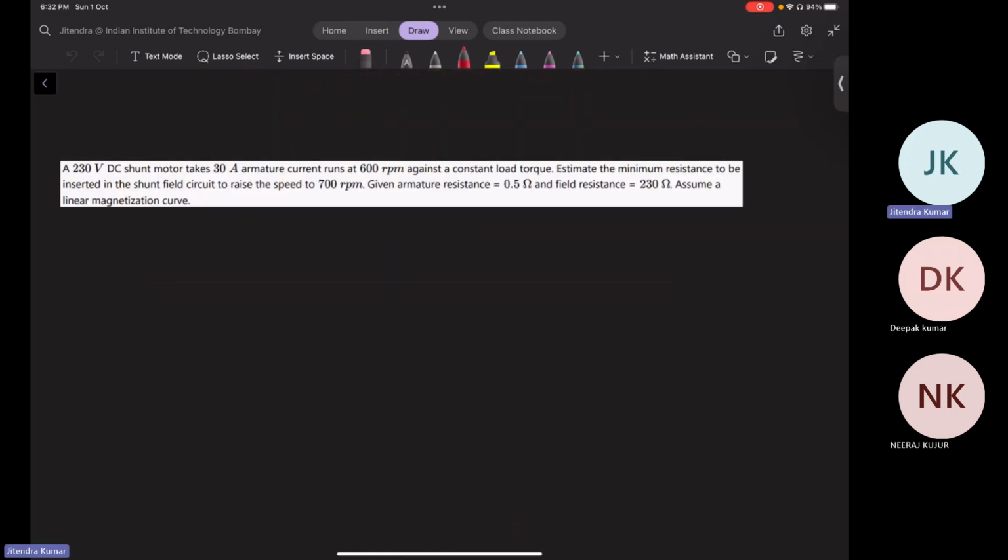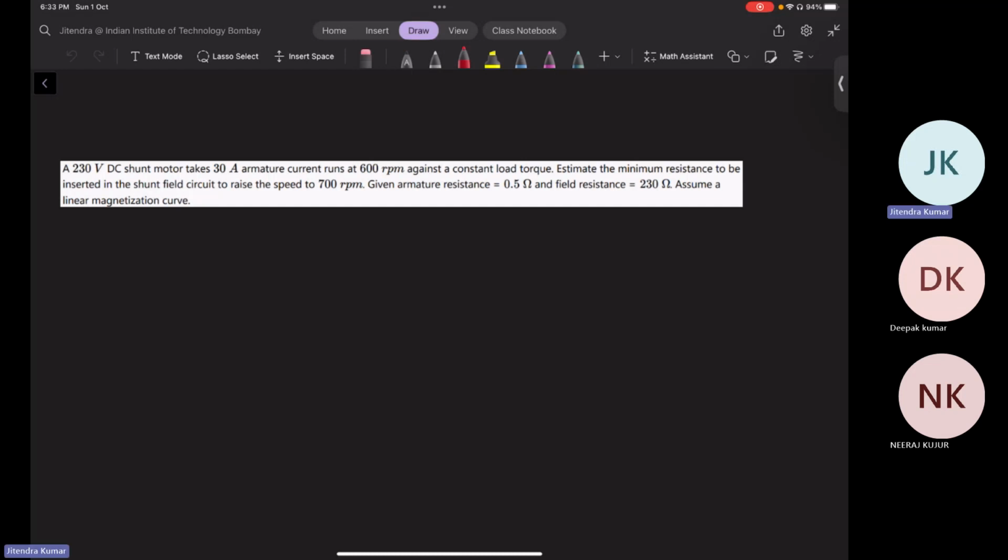Great. So this is the next problem. Here we are inserting some resistance in the shunt field to raise the speed. So basically, what happens when you insert certain resistance in the field?